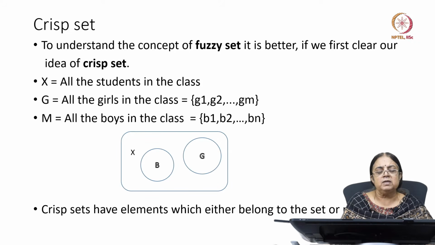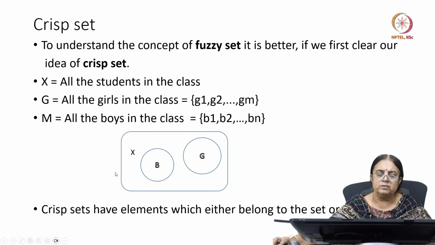Suppose we have the universal set X, which in this case is all the students in the class. Then we have the set G and the set B. G is the set of all the girls in the class, and B is the set of all the boys in the class.